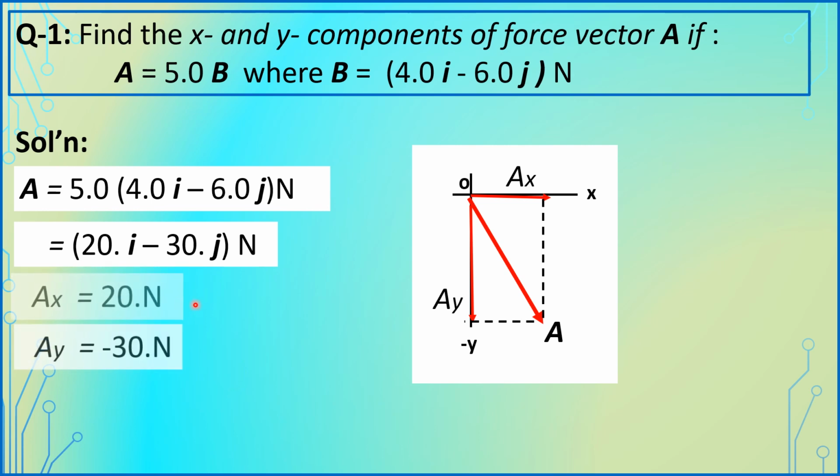So vector A can be shown in this sketch or diagram. This is vector A, its x component A sub x and A sub y are as shown.